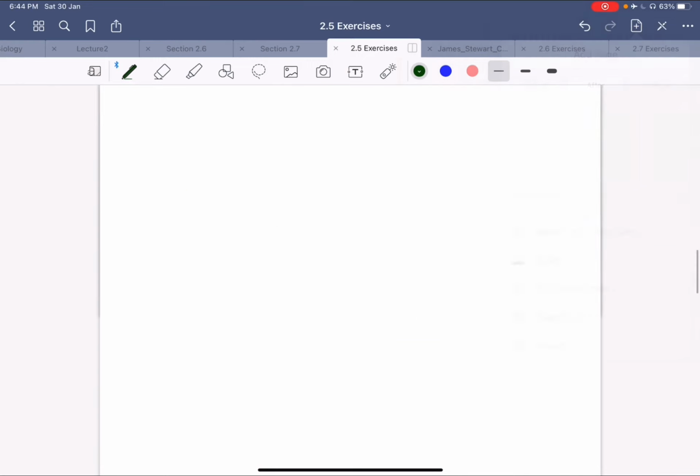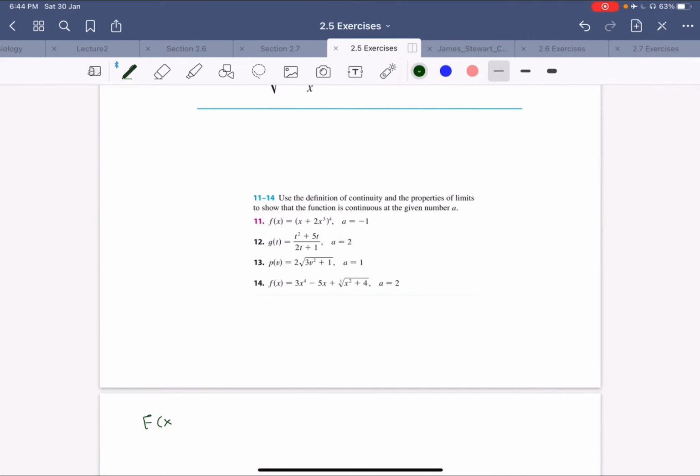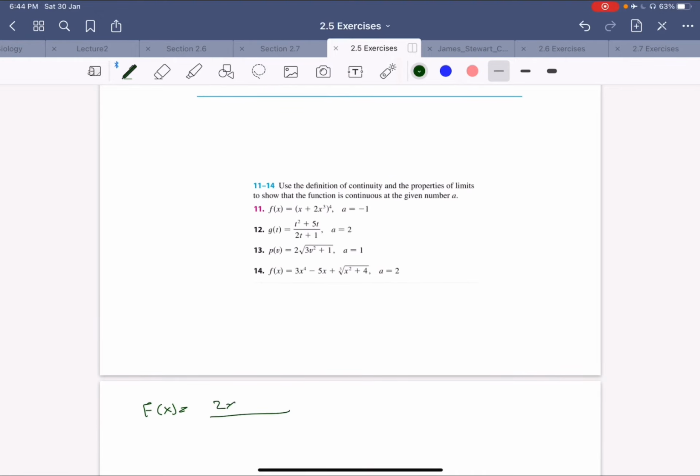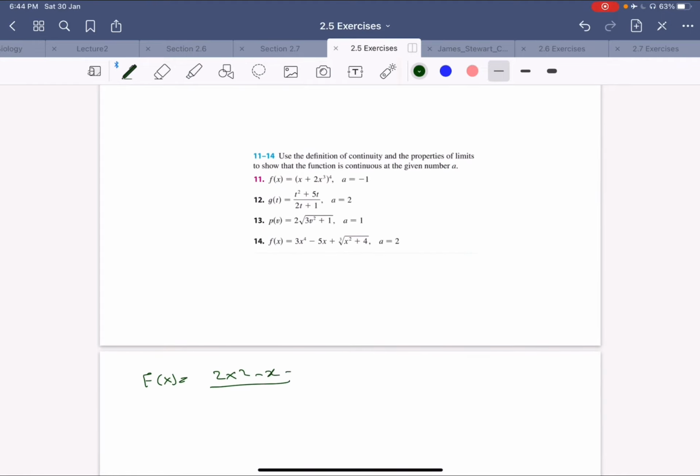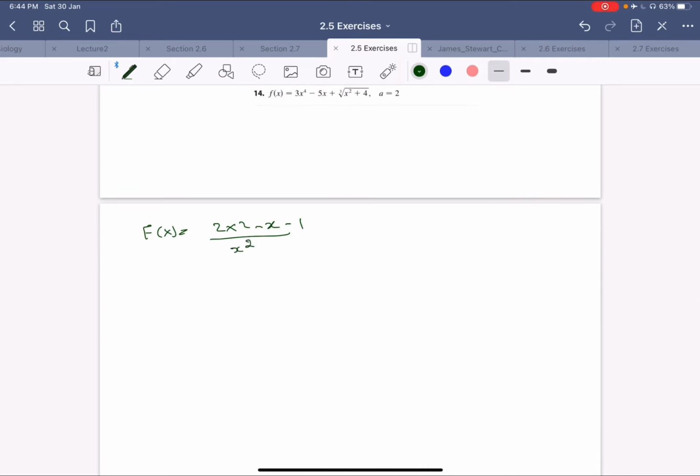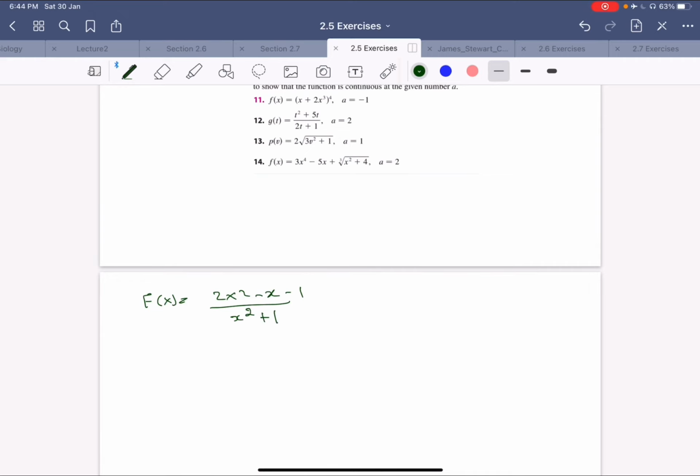First we have to find the domain. Okay, so f of x equals 2x square minus x minus 1 over x square plus 1. First we want to look at the domain of the numerator and the domain of the denominator. The domain on top is R and the domain on the bottom is R, but when we have a rational function we focus on zeros of the denominator. So we put x square plus 1 equals 0, x square equals negative 1, so x equals I and negative I.